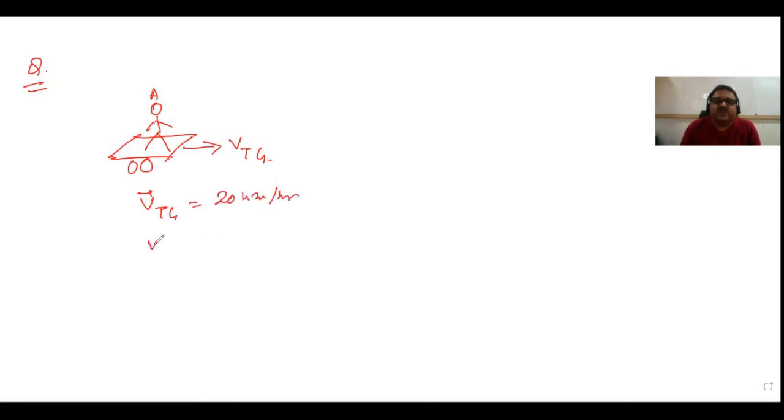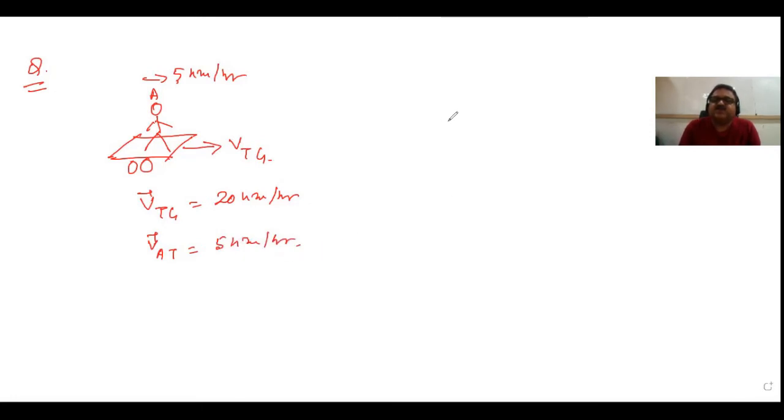And velocity of A with respect to the trolley: suppose A is on the trolley, A is also moving with a speed of, say for example, 5 kilometers per hour. So velocity of A with respect to trolley is 5 kilometers per hour.